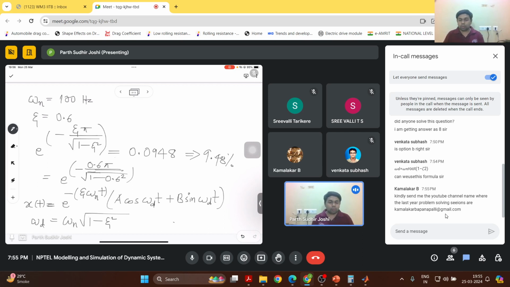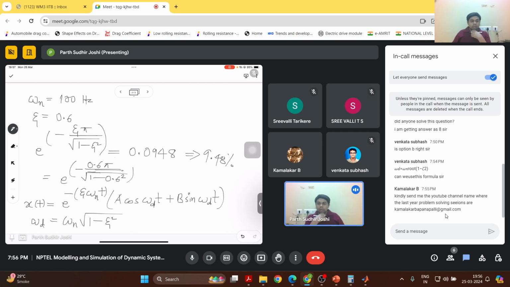So that you can use, and for this we need to have some initial conditions. If we are subjecting the system to some unit step, then we need to find out the response.